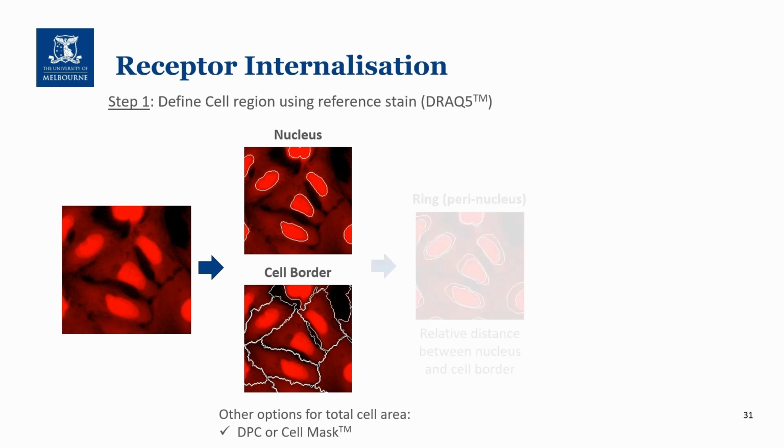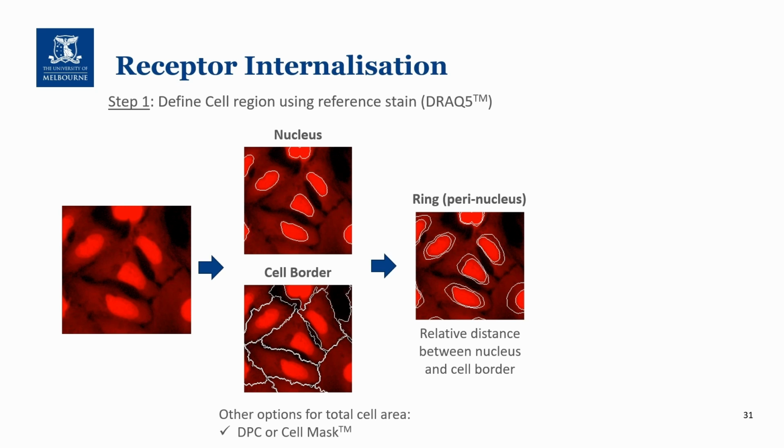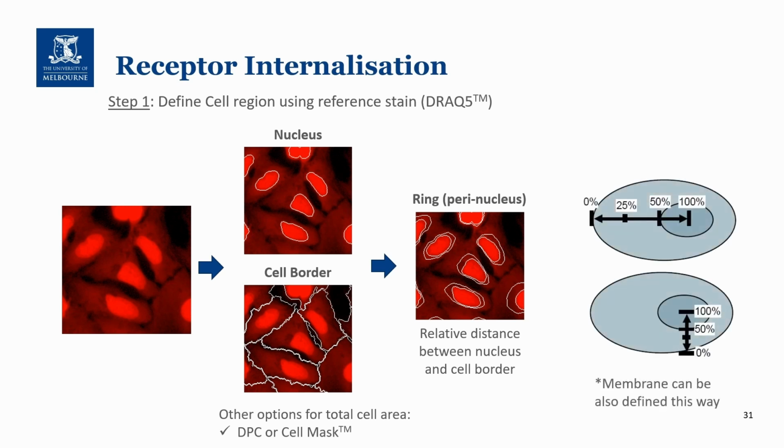If the nuclear and cell area are known, the perinuclear region can then be calculated based on the relative distance between the nucleus and the cell border. In this step, we have now defined three regions within the cell: the nucleus, the cell body, and the perinuclear region. This can also be used to define the cell membrane by calculating the distance from the nucleus to the edge of the cell.